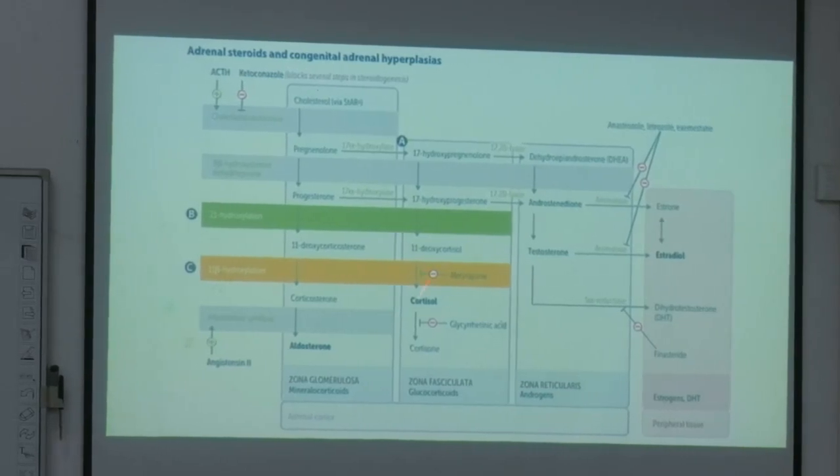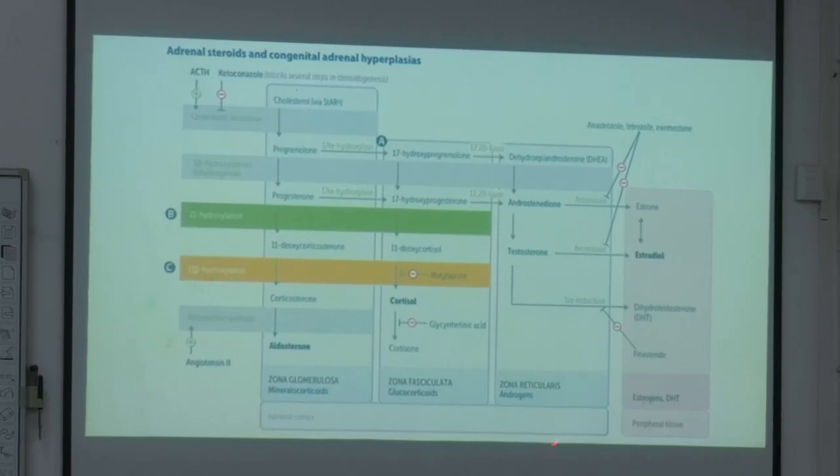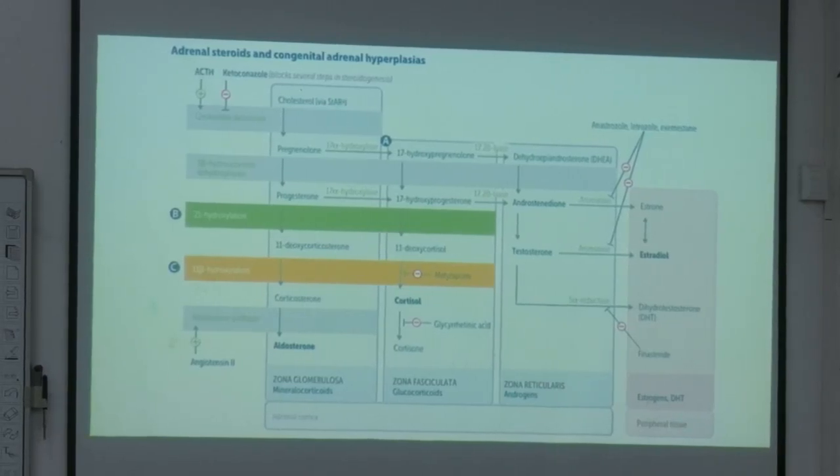So final product is cortisol in zona fasciculata, and testosterone is the final product in the zona reticularis. Now this testosterone can diffuse into peripheral tissues like ovary, and it can be converted into estrogen, and primarily it is E1 and E2, that is estradiol and estrone.